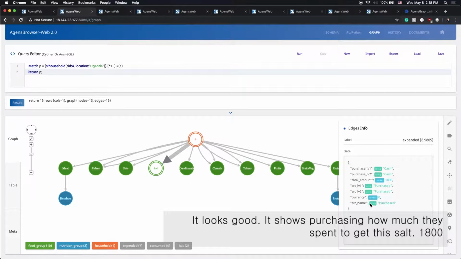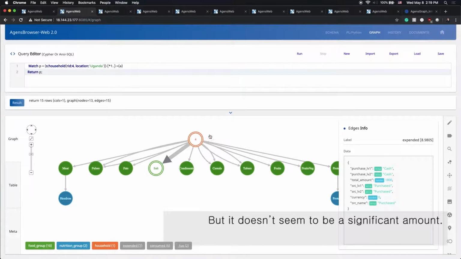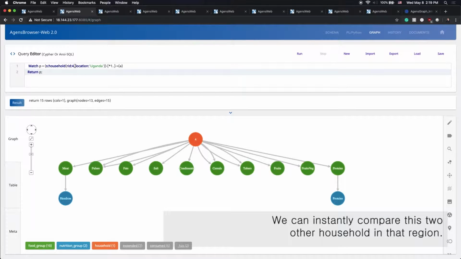This shows purchasing, how much they spend to get this salt, right? 1,800. I don't have the exchange rate, but it doesn't seem to be a significant amount. Okay, and we can instantly compare this to the other households in that region.